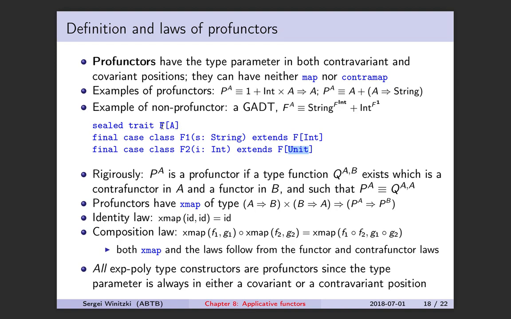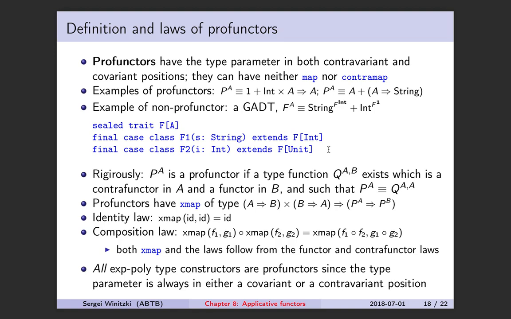And so it means you cannot instantiate a value of type, say, F of Double. It's impossible. You can only instantiate F of Int and F of Unit. And as a result, you also cannot instantiate F of A for arbitrary A. And so there's no hope for you to have map, contramap, or anything like that.